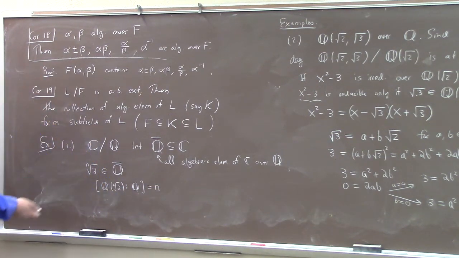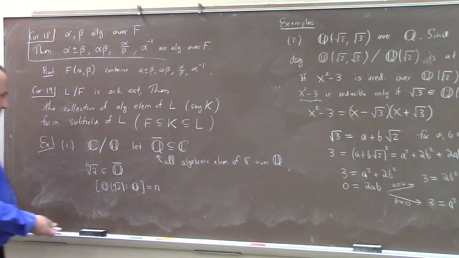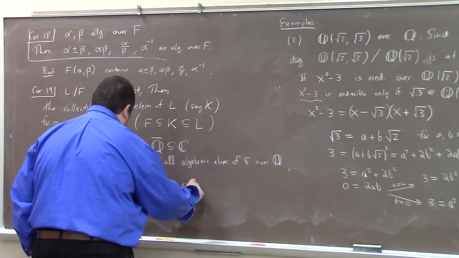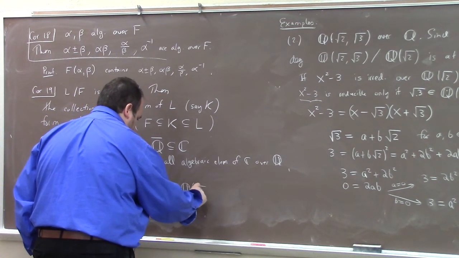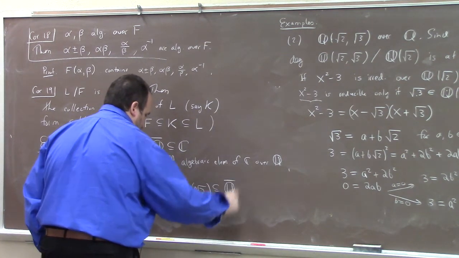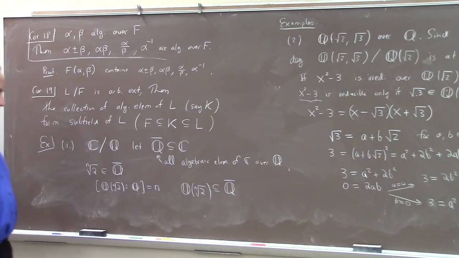But you can make that n as large as you like. And so, Q bar contains the nth root of 2 extension as a subset. So clearly it's infinite dimensional over Q, right?